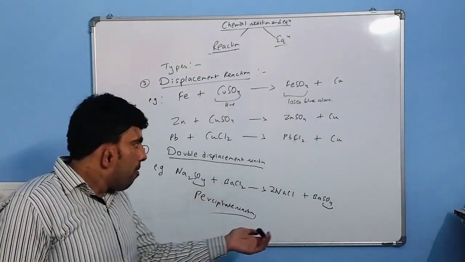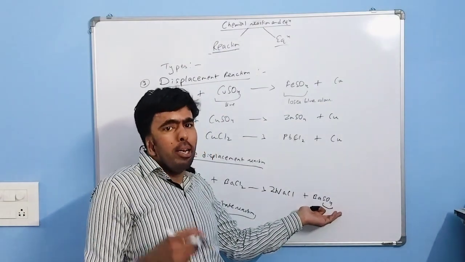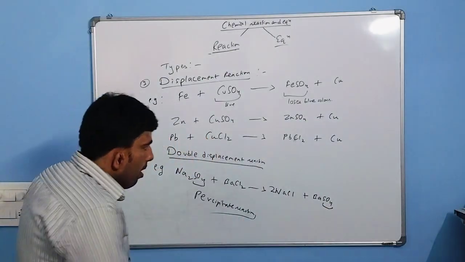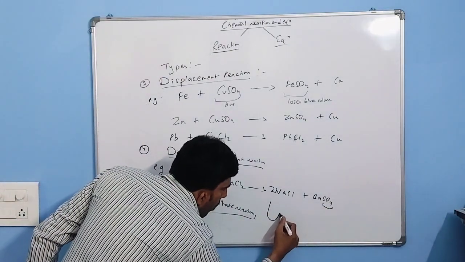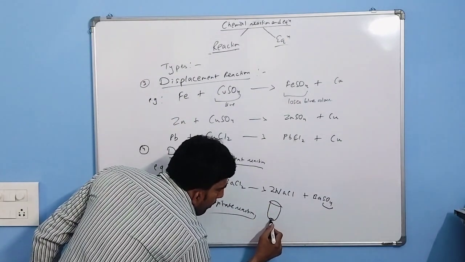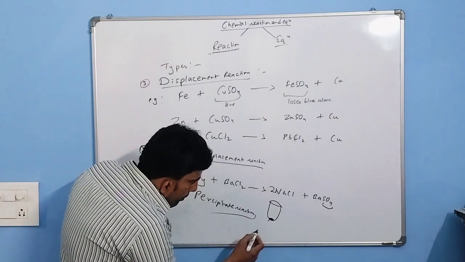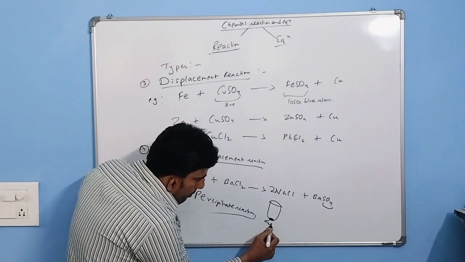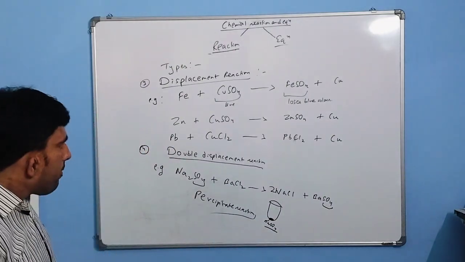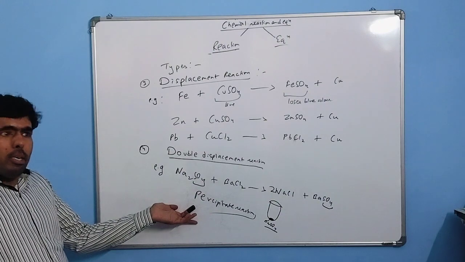Because in the end we find the precipitate of barium sulfate left behind in the test tube. That is why it is unreactive. So we say this is a double displacement reaction.